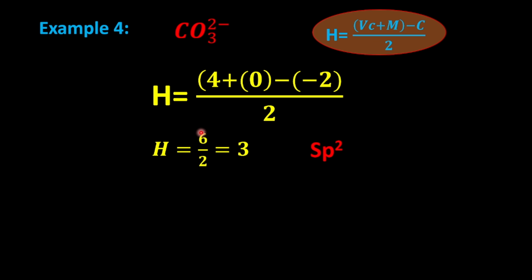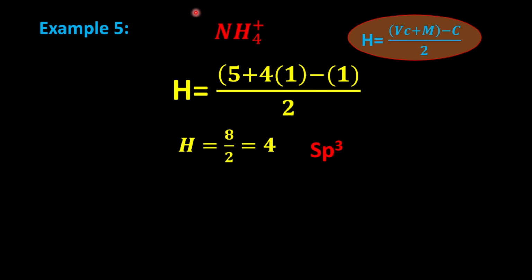Yes, we do have a charge here, which is 2 minus. So we have to insert that in the formula, as we can see over here, all divided by 2. So H is equal to 6 over 2 is equal to 3, which indicates that we have sp2 for the molecule here.